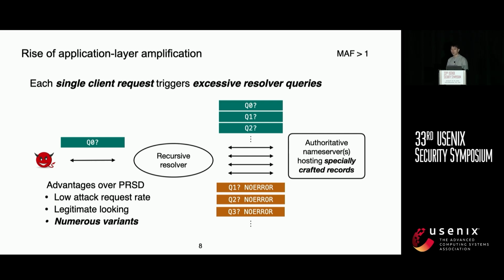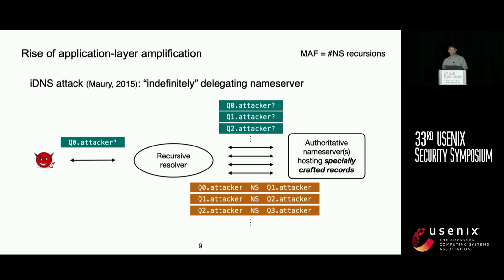As a motivation, I will briefly introduce three major variants discovered before our study. The first one, the iDNS attack, makes use of NS records that indicate zone delegation. It basically exploits a cascade of NS records that cause the resolver to recursively look up dummy name servers in sequence.